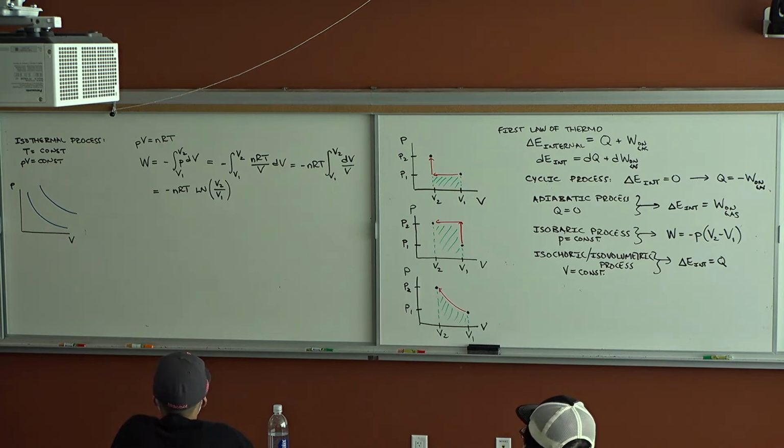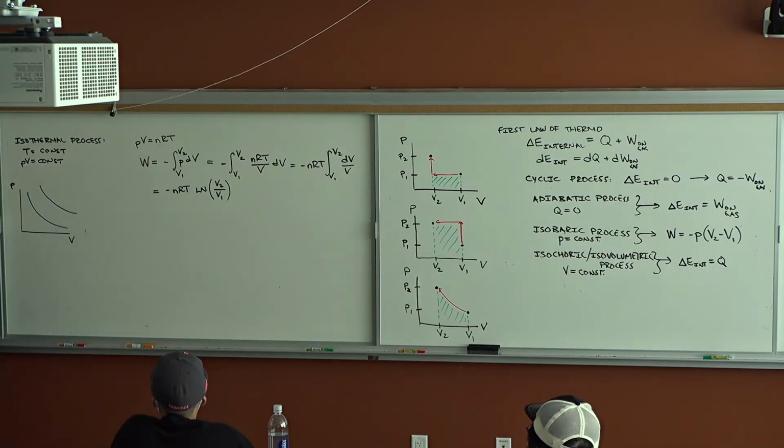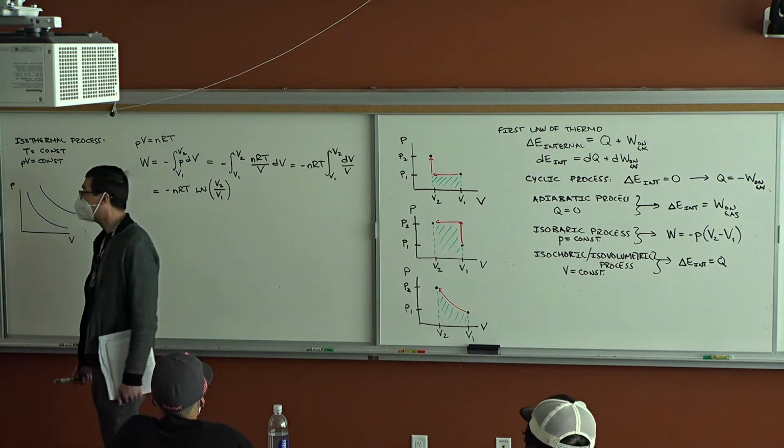Do you mean the physical shape of the lines? Yeah. We have that PV equals nRT. I'm telling you that isotherm means what? Constant temperature.